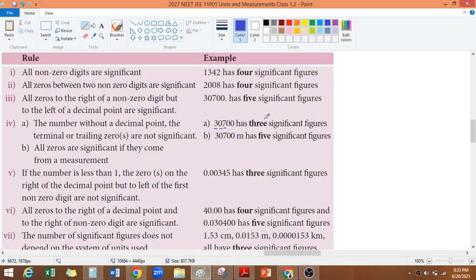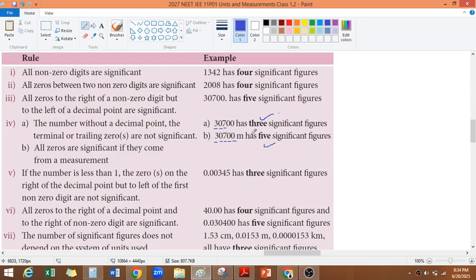So this is 3 significant figures. If they say it is coming from a measurement, then they are very sure about the zeros also. When they say that it is coming from measurement, then we say that this is also sure. That means it should also be included as a significant figure.